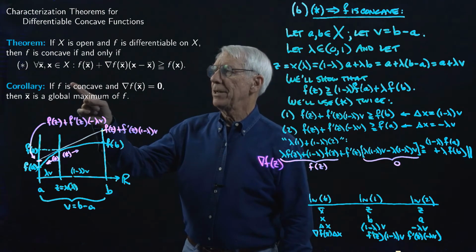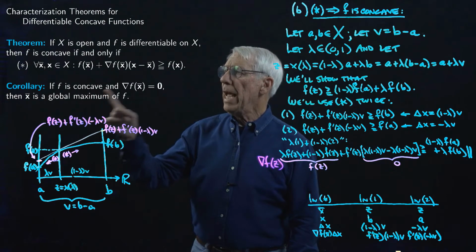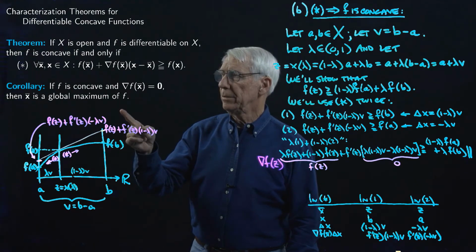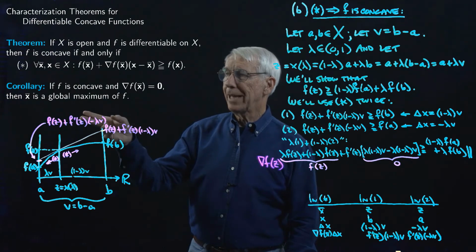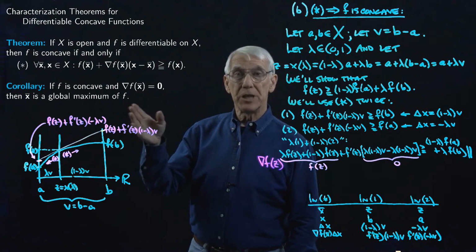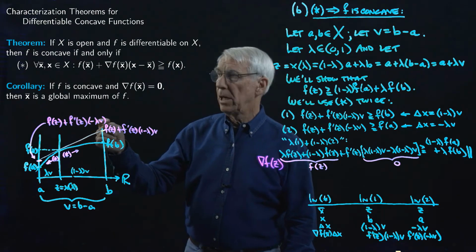So the corollary says if we've got a concave function f and its gradient at x bar is the 0 vector, then x bar is a global maximizer. In other words, it simply says that for a concave function, having the gradient at a point x bar be the 0 vector is a sufficient condition to ensure that x bar is a global maximum of the function.